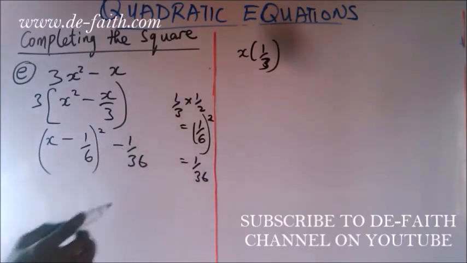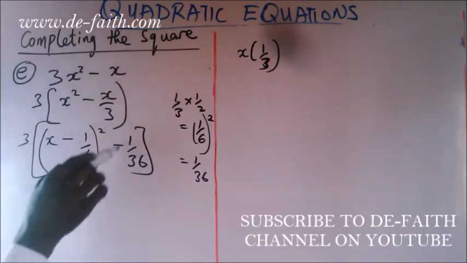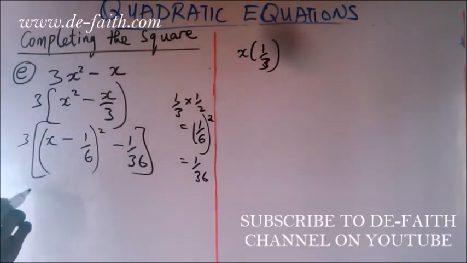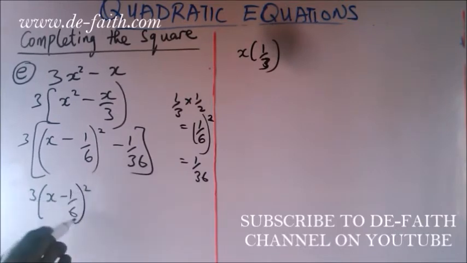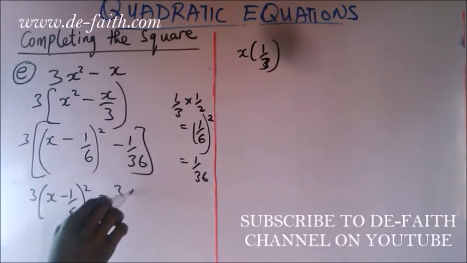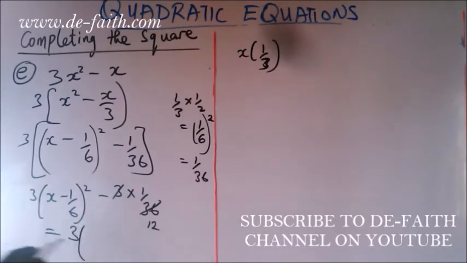So you always subtract the square from this entire expression. And then you have your 3 outside. Now this 3 multiplies this. So we'll have 3 into bracket (x minus 1 over 6) all squared, then minus 3 times 1 over 36. So what are we left with? 3 into 36 is 12. So our final answer is 3 into brackets (x minus 1 over 6) all squared minus 1 over 12.